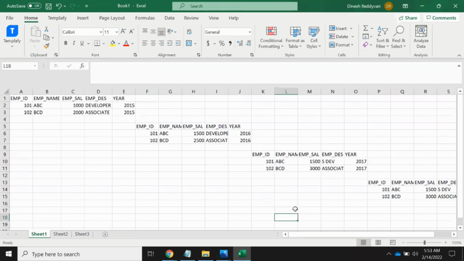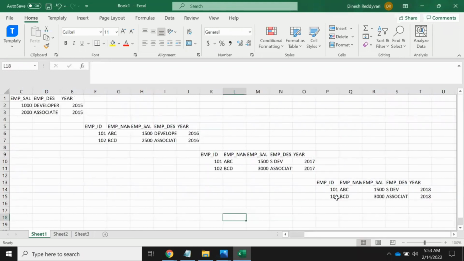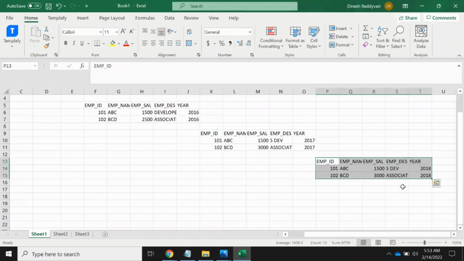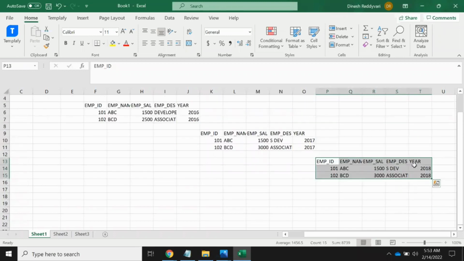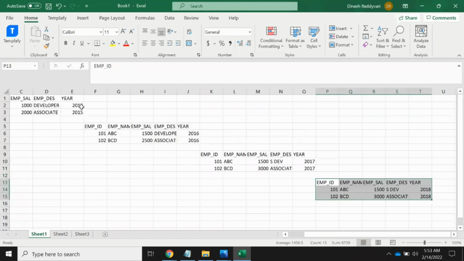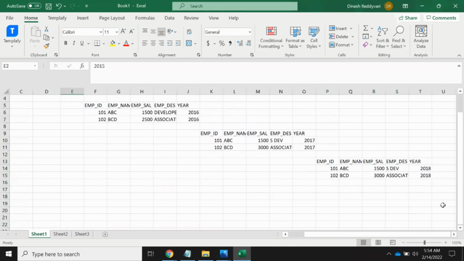Now our intention is, when you observe this data, what data will we have in the final table? This is the data we will have in this table. When you want to see from the start till date, from when the employee joined in 2015, 15 to 18 or till date, how the data has changed, how the salaries have changed.